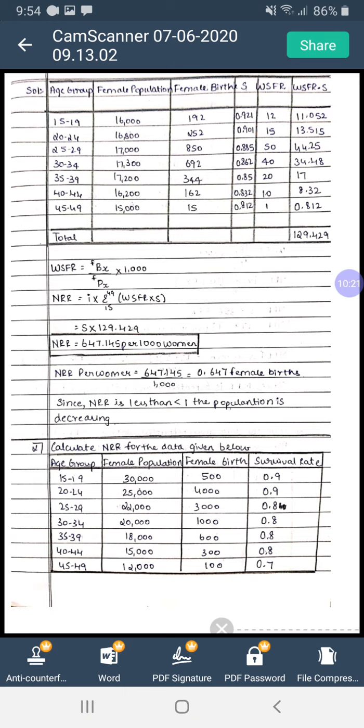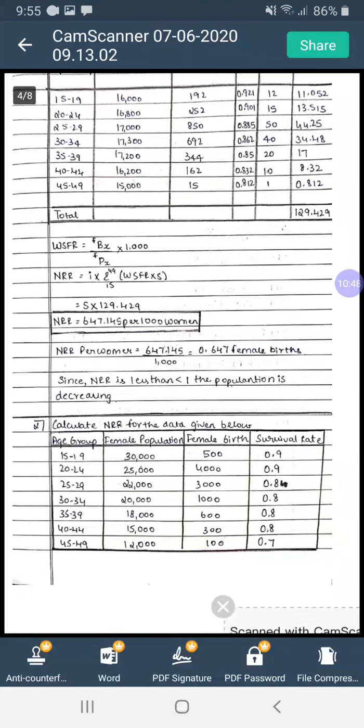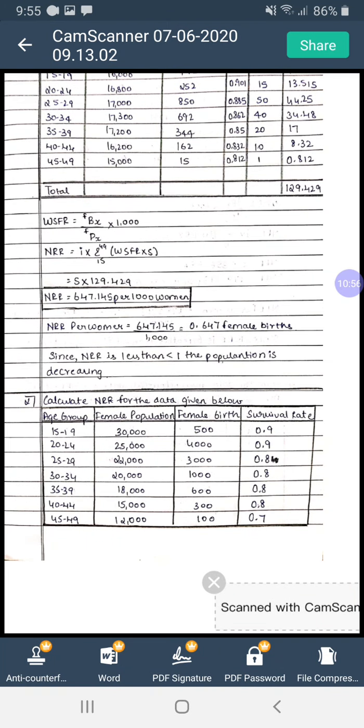Sigma WSFR into S, where you multiply your WSFR into S, you get 129.429 into 5, which is 647.145 per thousand women. For NRR per woman, we need to find it per woman, you will get 0.647, which is less than 1, and the population is decreasing.